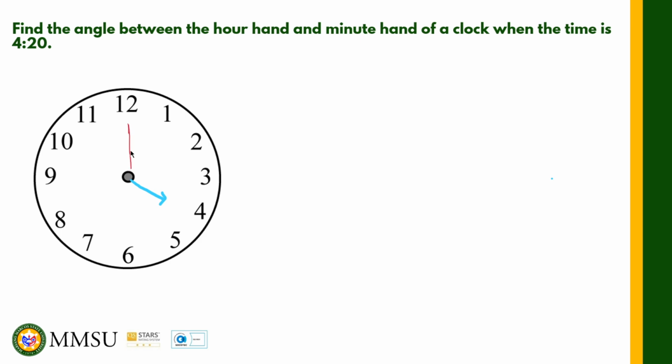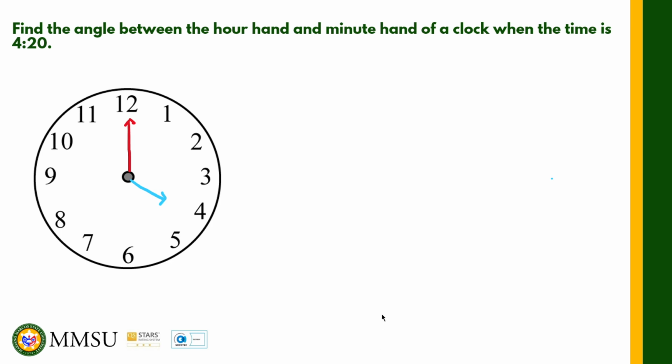Ganyan. Okay? Palitan ko yung ink ng mas makapal. Yan. Okay? So, nandito yung minute hand natin. Nakatutok siya diretso dyan sa 12. So, yan yung itsura ng hour hand natin tsaka minute hand at exactly 4 o'clock.